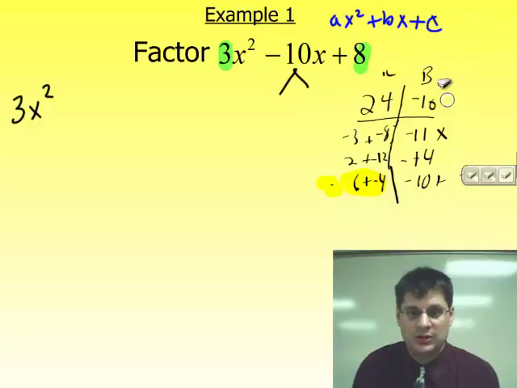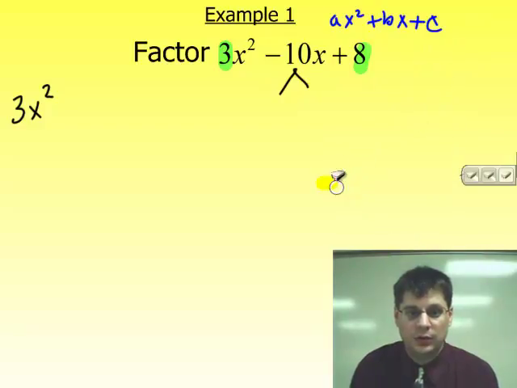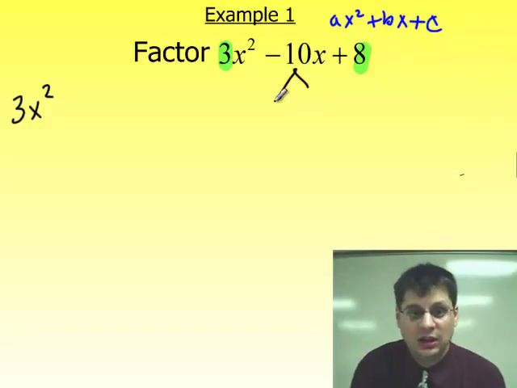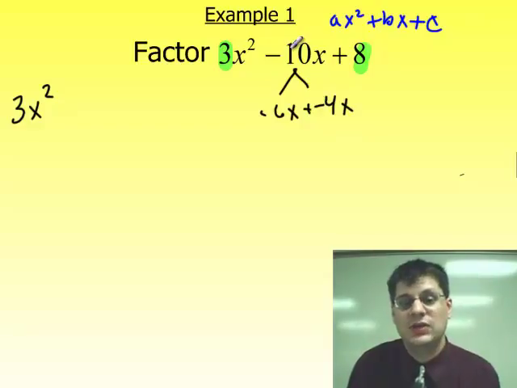Here, let me get rid of this so I have room to work with. So the -6 and the -4x, because they have to add up to -10. So this is going to become -6x and then plus -4x. So we're not going to change the value of -10. We're just going to rewrite it.